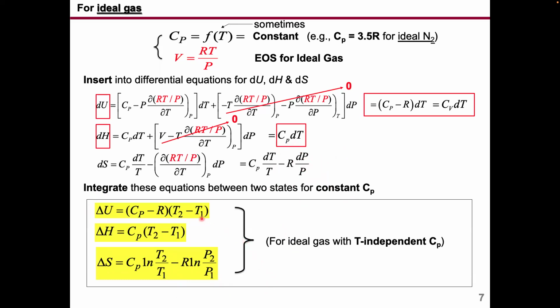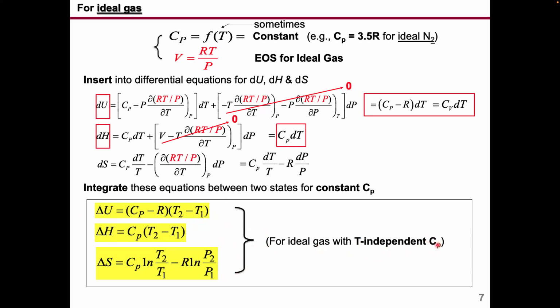As long as you know T1, P1 for state 1 and T2, P2 for state 2, you can plug into these equations and figure out the difference in their internal energy, enthalpies, and entropies, okay? Again, remember these equations only work for an ideal gas with temperature-independent Cp.